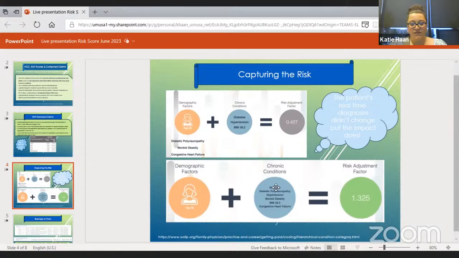When you add all of these together, you actually get a higher risk score of 1.325. What's important here is that the patient's diagnoses didn't change, but the coding and the documentation of it did. This lets the insurance know that this patient is actually a higher risk than if we would have just coded it this way with diabetes, hypertension, morbid obesity. When we add in these polyneuropathies and the congestive heart failure and the BMI, it really paints a better picture of the patient's current health.